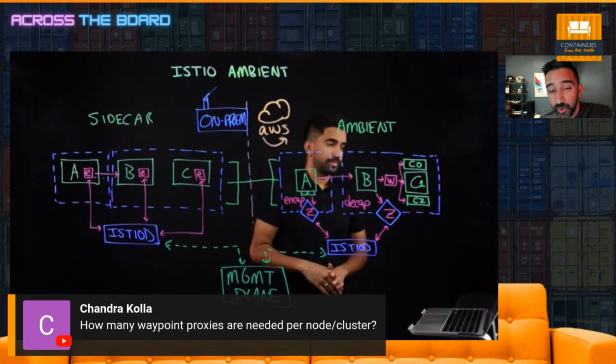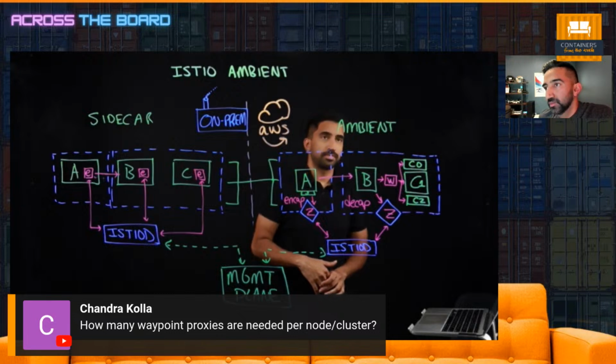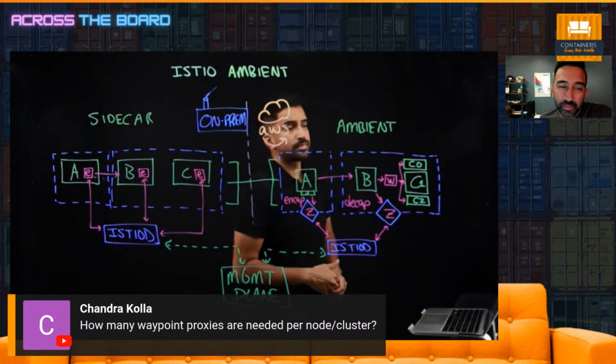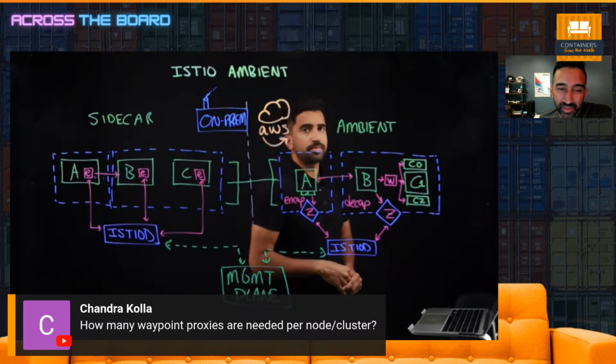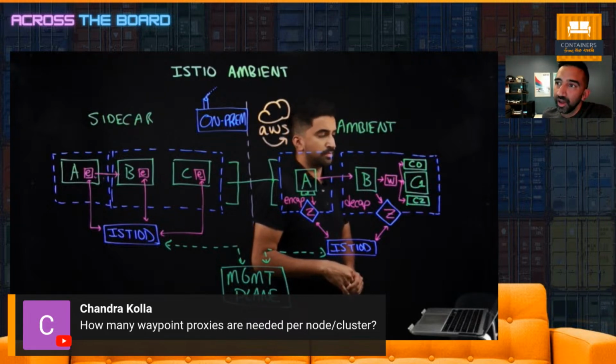It could be a set of workloads, but typically you would carve them out by maybe one per namespace, which is a common approach that we've seen, and then have all the workloads that are part of that namespace share that waypoint proxy. We've also seen per service account. It really depends how your teams are doing tenancy within the cluster.